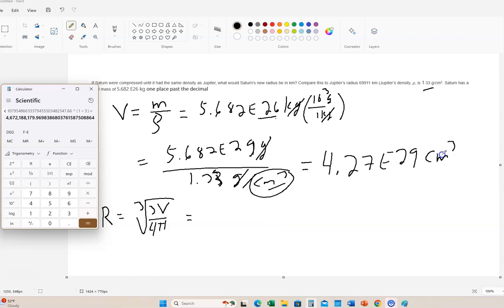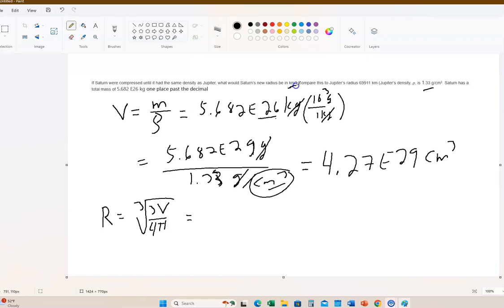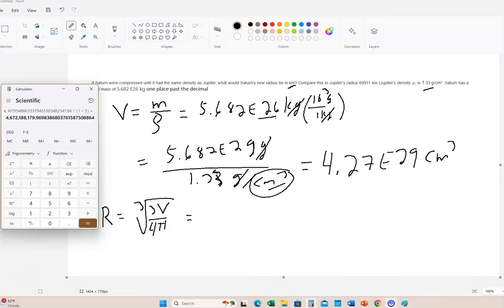Now I don't want it to be in centimeters. Notice up here it says new radius in kilometers. You might recall when we did this before, to go from kilometers to centimeters, you use a factor of 10 to the fifth.